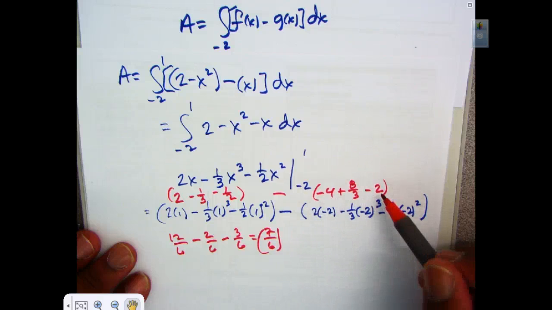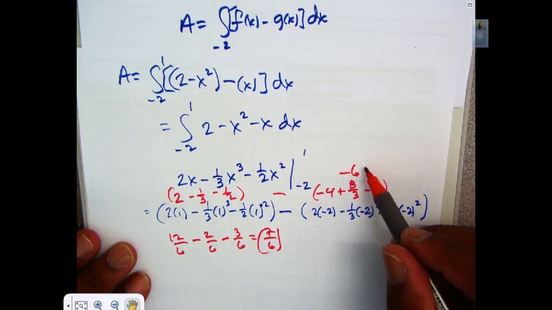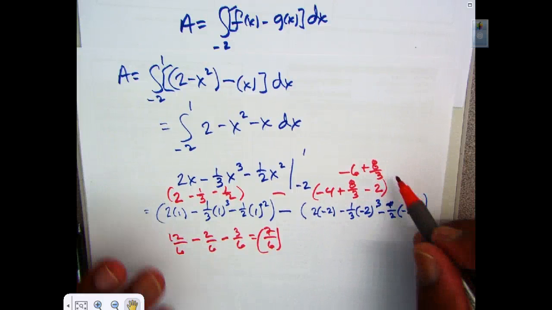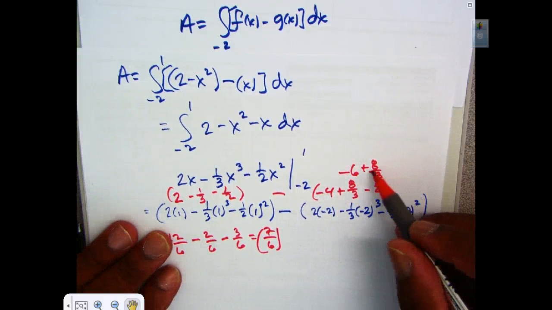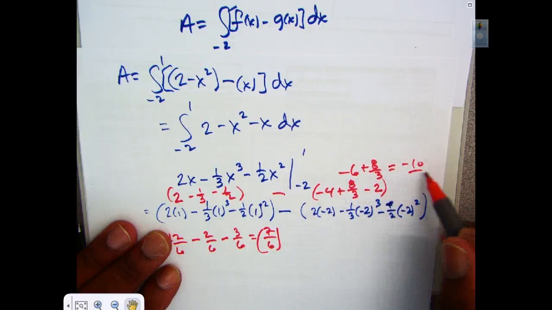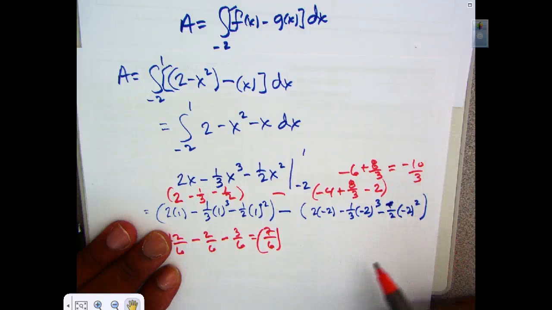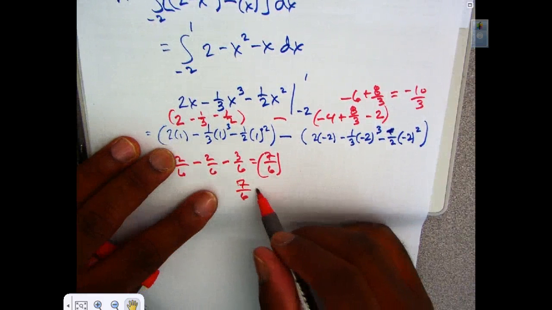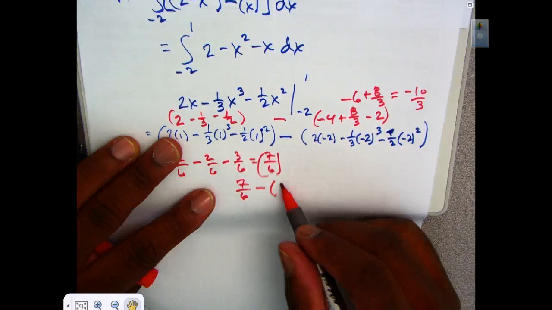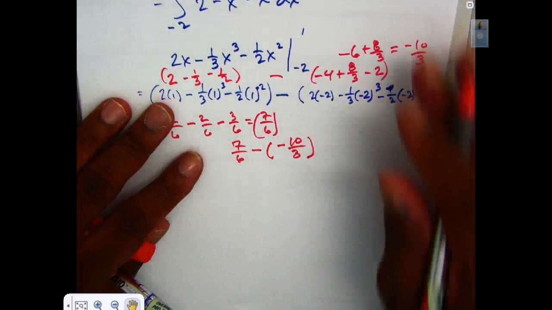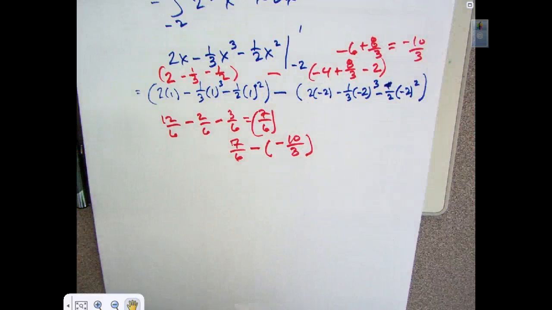And what about this part right here? Well, -4 minus 2 is -6. So you get -6 plus 8 over 3. Is that -18 over 3 plus 8 over 3? It's -10 over 3. So this would be 7 over 6 minus a -10 over 3, and then whatever that is.